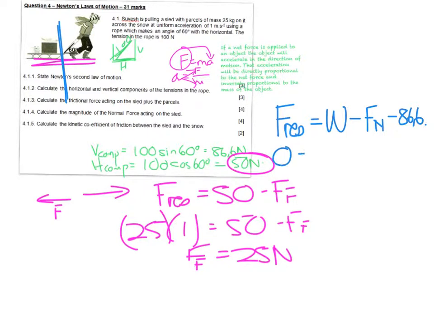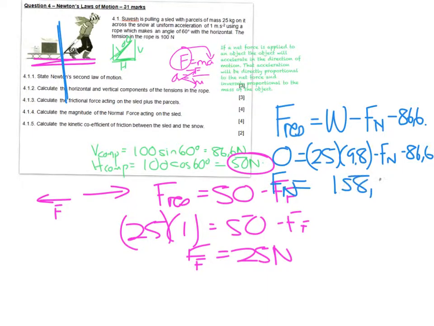So 0 is equal to, my weight would have been 25 times 9,8, minus my normal, minus this lifting force, and I find that the normal force then turns out to be equal to 158,4 newtons.